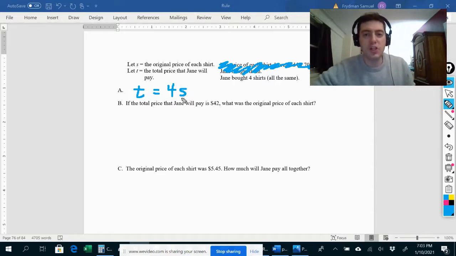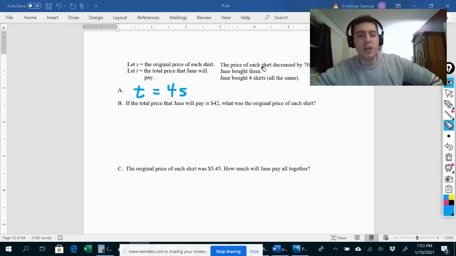So I hope this equation makes sense, that the total is equal to 4 times the price of each shirt, whatever the price is. Okay, except that's not quite the equation that we want to write for this information here, because I ignored this sentence. So let's think about what's really going on here.